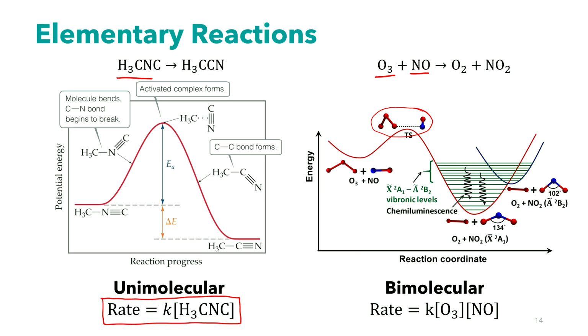That's bimolecular, and my rate law will depend on the concentration of my two reactants, because in that mechanism step, I am waiting for O3 and NO to hit each other. Okay? So that's what the rate should depend on. We're going to find that the rate law is telling us about the mechanism. How fast will it go? Well, what is the step that I'm waiting for? I need O3 to hit NO. Okay, and we see that off the graph here.